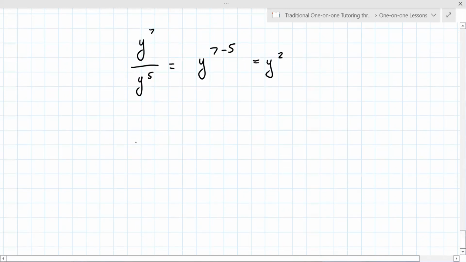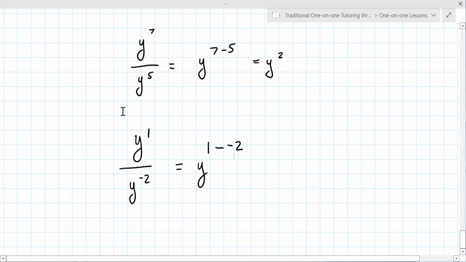But what if it was something like y over y to the -2? What is the exponent in the numerator? What's the exponent not written here? Oh, 1. Yeah. So this becomes 1 minus a -2.